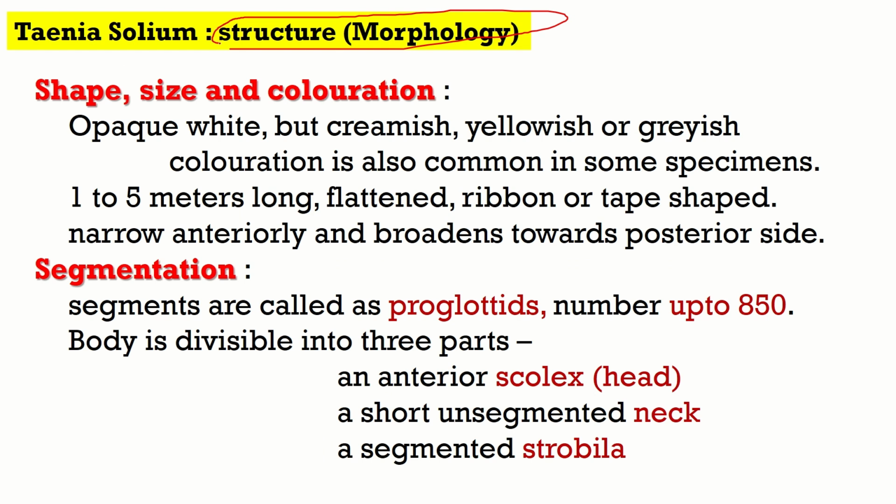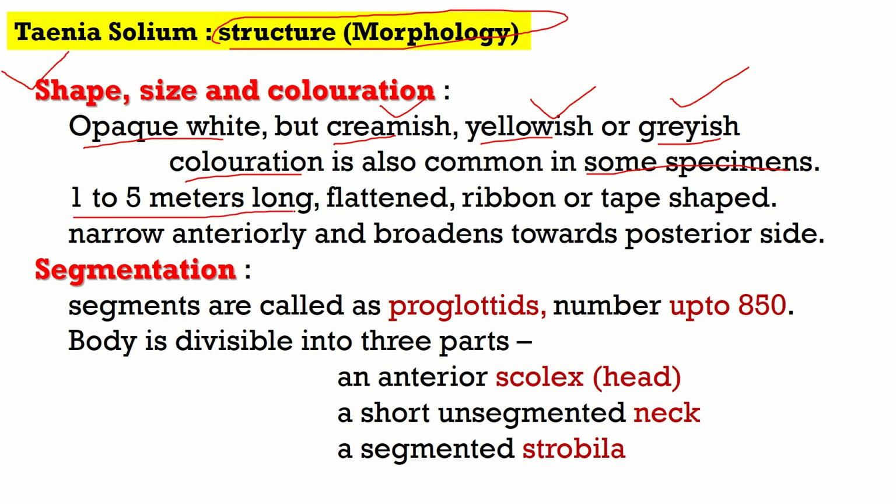When we discuss the shape, size and coloration, Taenia solium is white in color, but creamish, yellowish or grayish coloration is also common in some specimens. The body is about 1 to 5 meters long.